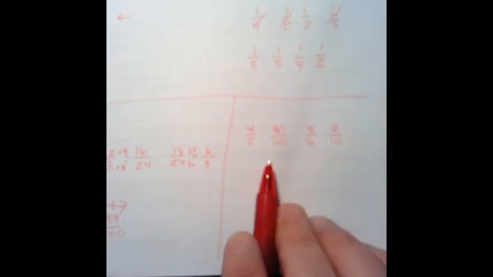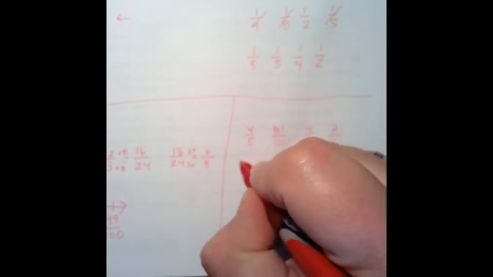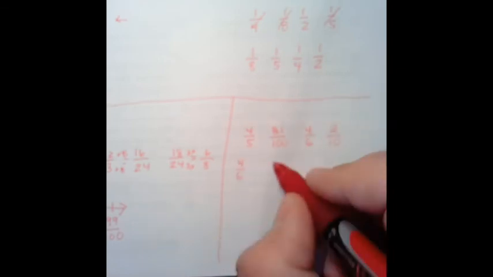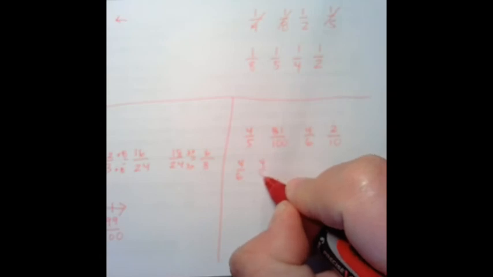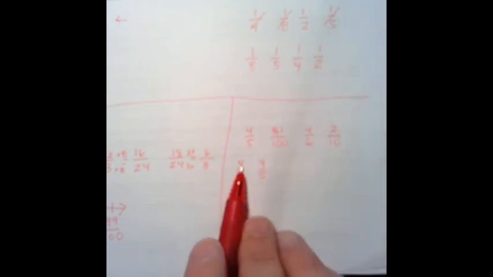Okay, so for our last one, let's draw a little line here. Again, I'm going to have to group certain numbers here, and I notice that 2 have the same numerator, so I can compare those two. I know that 4/6 will be smaller than 4/5, because, again, the numerators are the same.